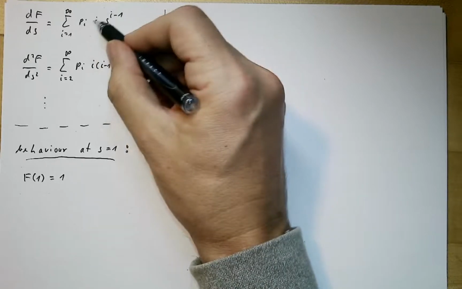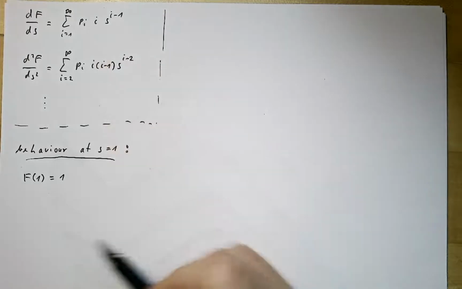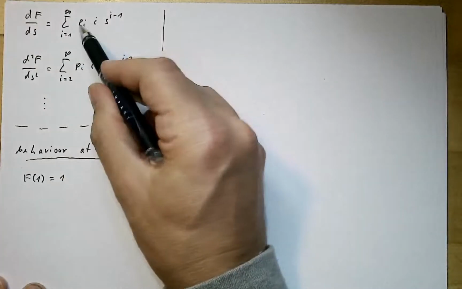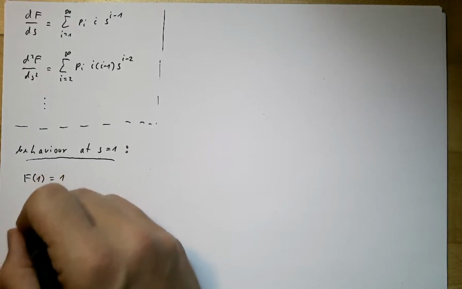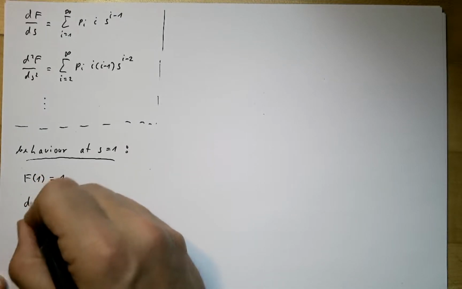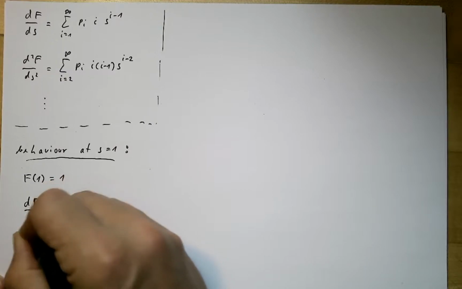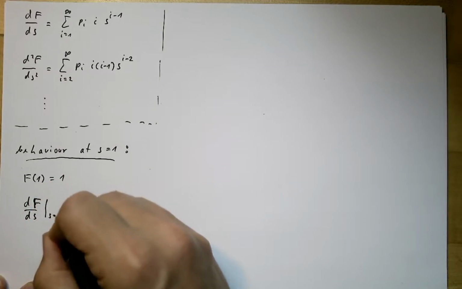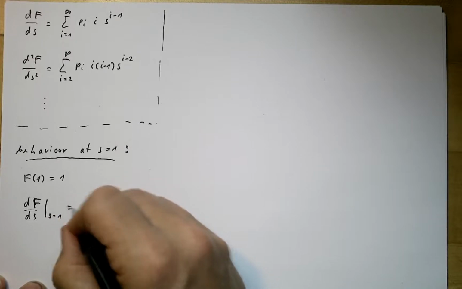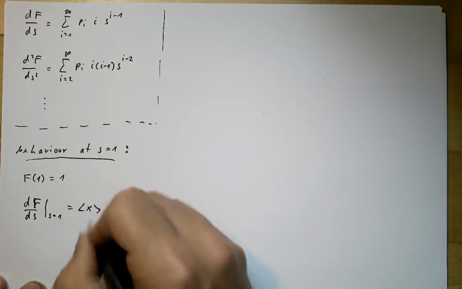And then we just see that's the expectation value of the sum of i times p_i. So the derivative df over ds at the position s equal 1, that's just our expectation value.